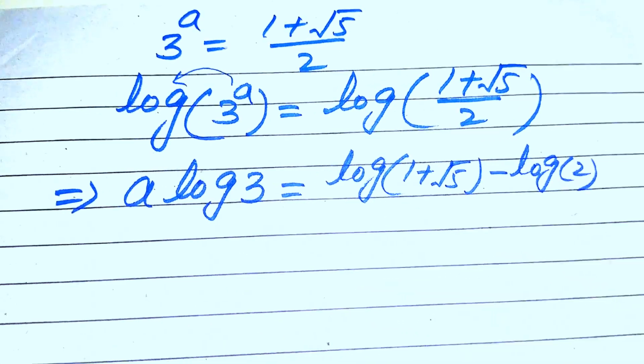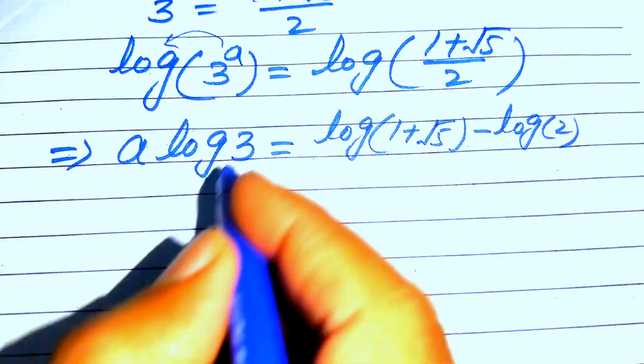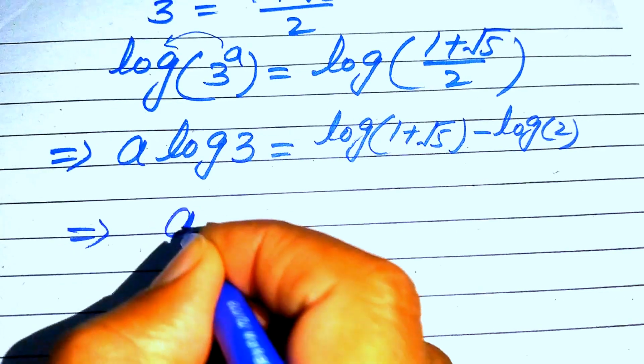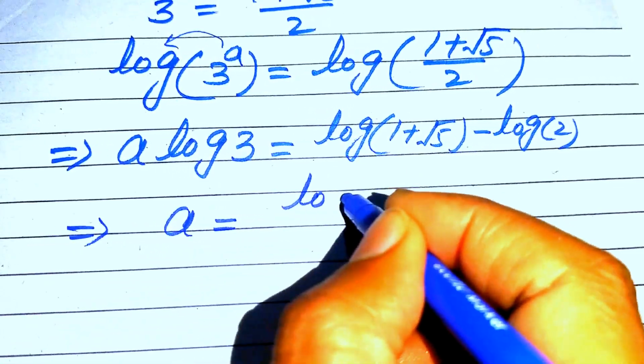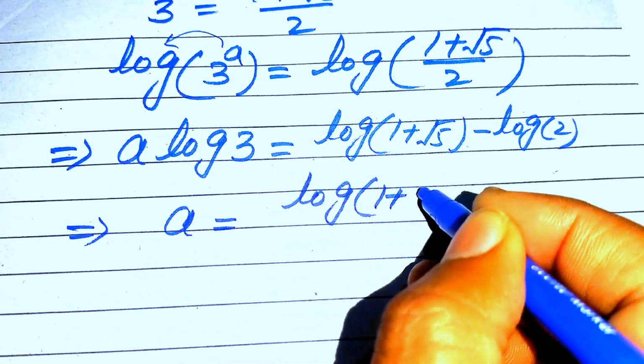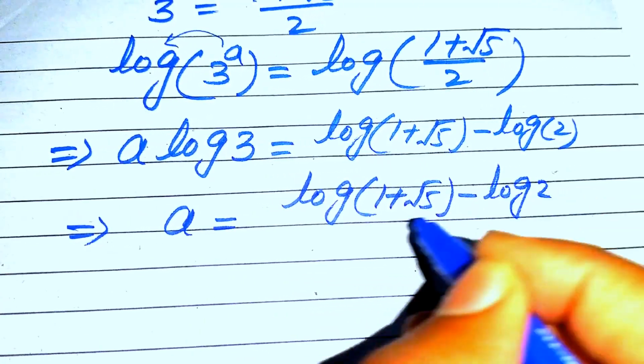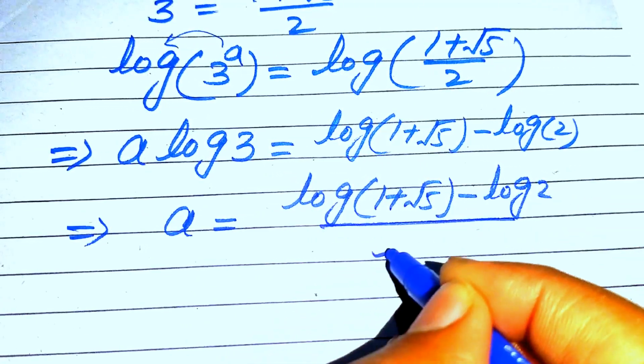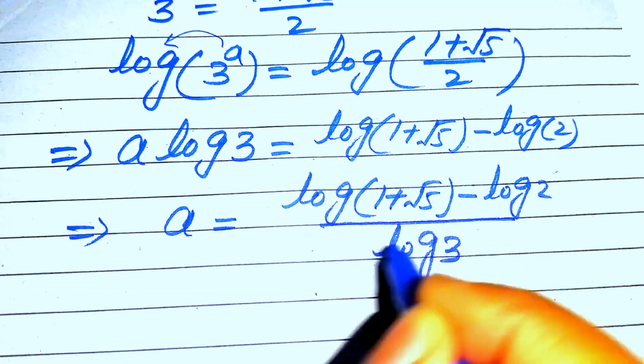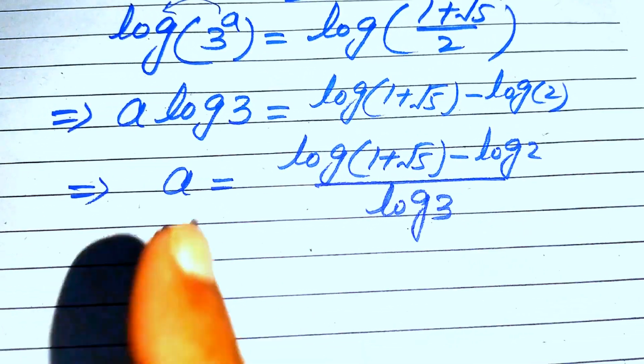Now we divide both sides by log 3, and the value of a equals log of 1 plus square root of 5 minus log of 2, divided by log of 3. So this is our final answer.